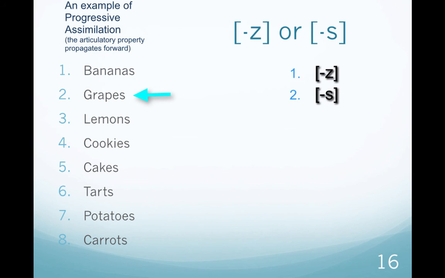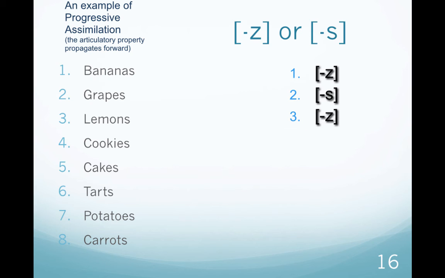Grapes. Yes, with s. Why? Because the last sound, the neighboring sound close to s, is p, and p is voiceless. Therefore, it propagates the articulatory property forward to the s.